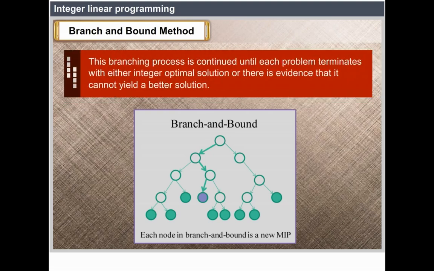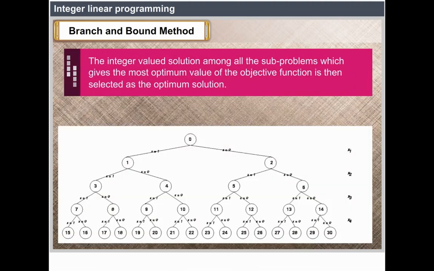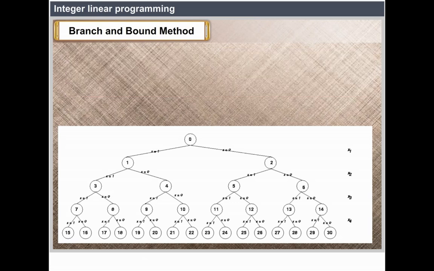This branching process is continued until each problem terminates with either an integer optimal solution or there is evidence that it cannot yield a better solution. The integer valued solution among all the subproblems which gives the most optimum value of the objective function is then selected as the optimum solution.